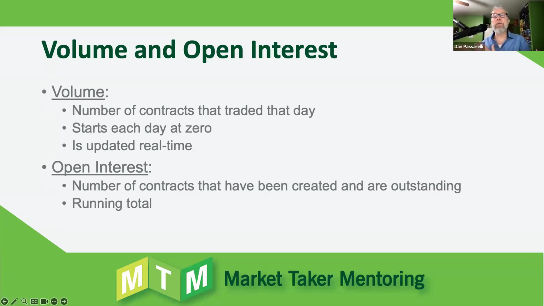They didn't exist before then, but now they exist. And so the volume is 5 because 5 traded today, and that automatically shows up on your screen. And open interest is now 5, but here's the rub. It doesn't show up on open interest until tomorrow.